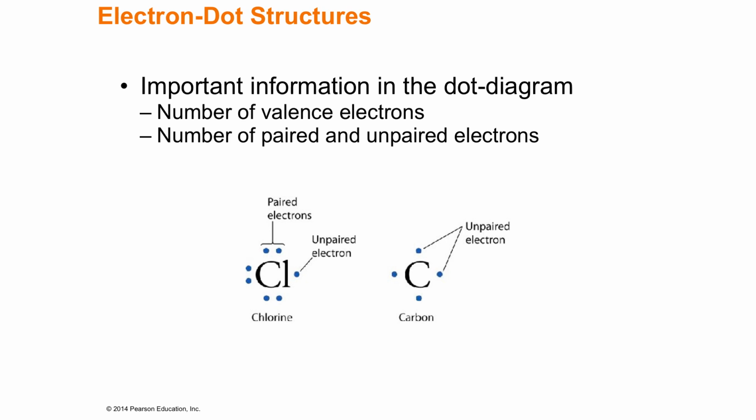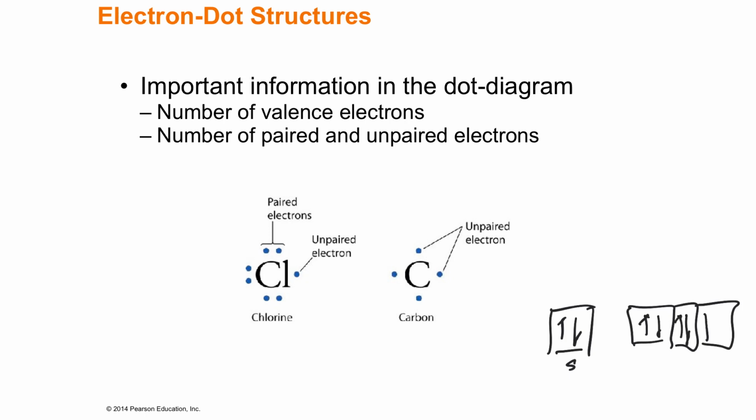An s subshell only has one orbital, so there are 2 electrons in an s subshell. A p subshell has 3 orbitals, which means there are 6 total in the p subshell. If you have an s and p together, you have 8, and that is what you're going to see in the Lewis structures.